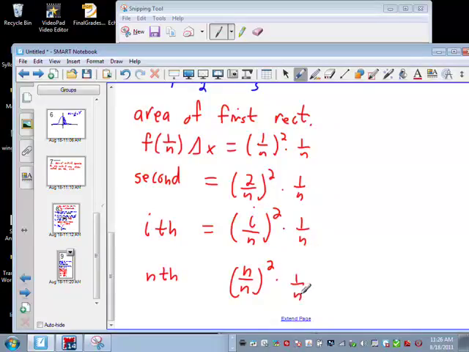And I need to add them all up. So it's this plus this plus this plus this, and that's what I'm about to write on the next slide. Questions about this? So that's the same thing as if we had 5, but now we have an arbitrary amount. Okay?